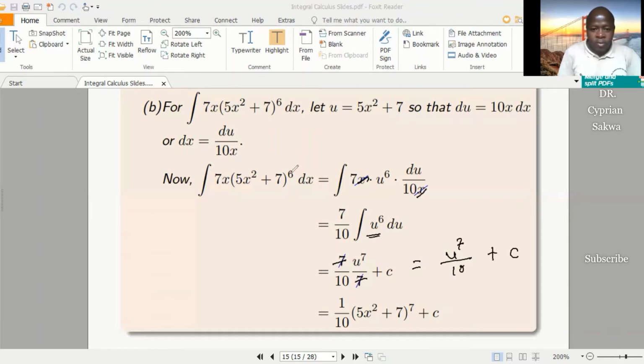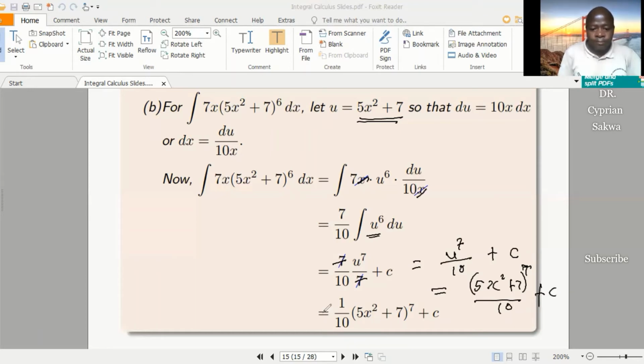But what was u? Just go back to where your u was. Your u was 5x squared plus 7. So this is our u. Raise it to 7, then divide that by 10, then add the constant of integration.